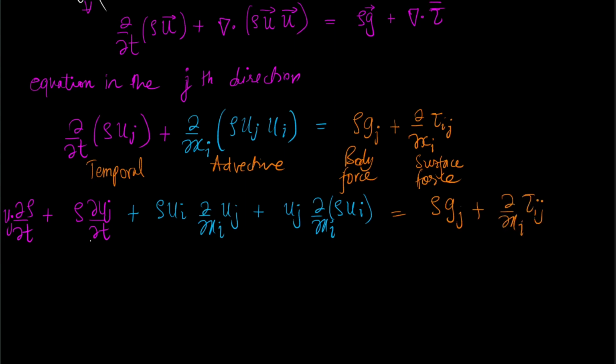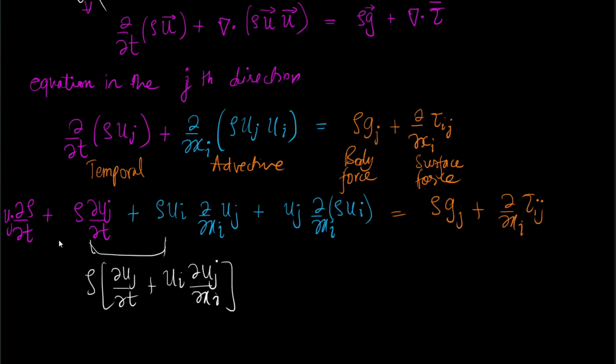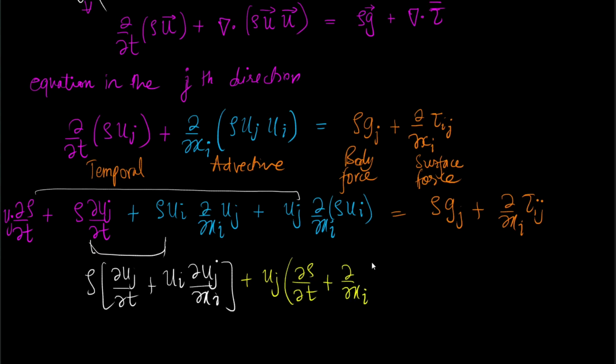Now we can combine these two terms and write rho del uj del t plus ui del uj del xi. We can combine these two terms and write plus uj times del rho by del t plus del xi of rho ui, while the right hand side is the same thing, rho gj plus del xi of tau ij.